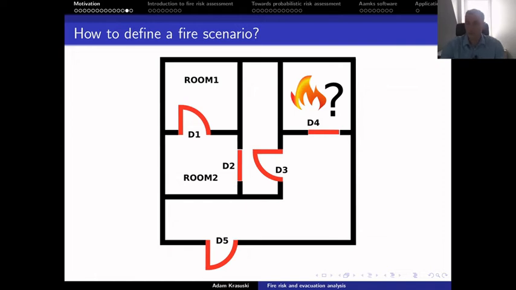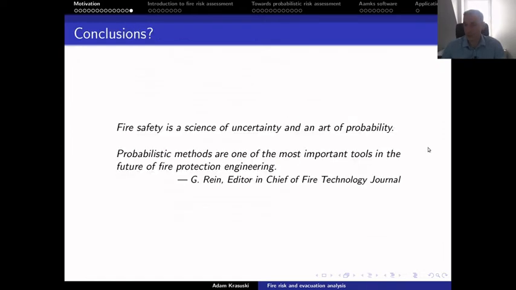So, what is the conclusion of our discussion? The conclusion is that without proper handling of the probabilities behind the fire scenarios, we cannot judge whether we have sufficiently evaluated the safety of the building.